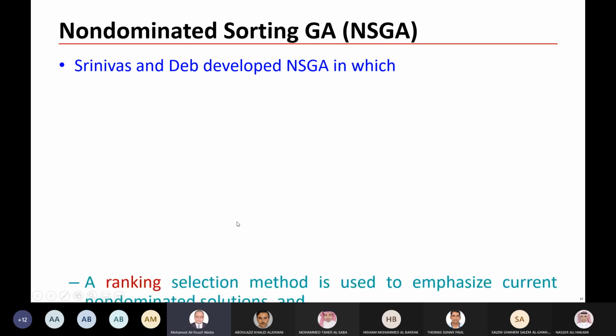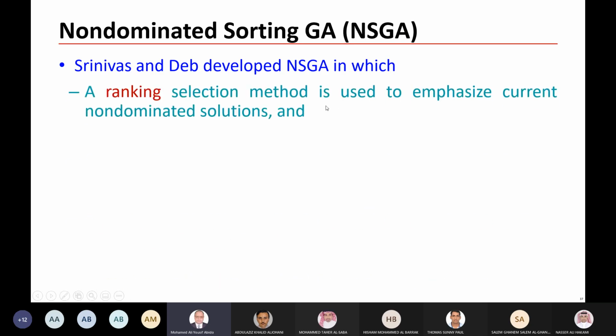NSGA was developed maybe in 1994 or 95. A ranking selection method is used to emphasize the current non-dominated solutions.